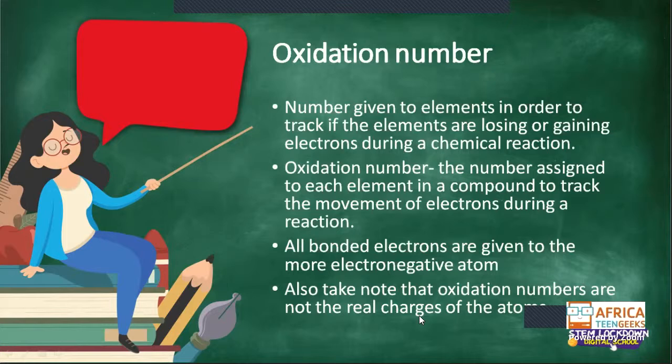What they mean by not real charges is that sometimes you'll have 2 plus on an element that is standing alone, but once it becomes a compound, you find that they're just going to write a minus. So that's not really the charge number. It is the oxidation number. That's the number after this reaction has taken place and what you get thereof. But you'll see some more examples as we go along.